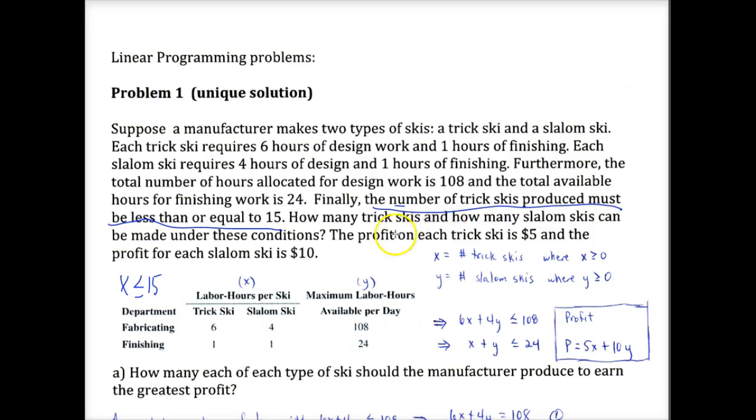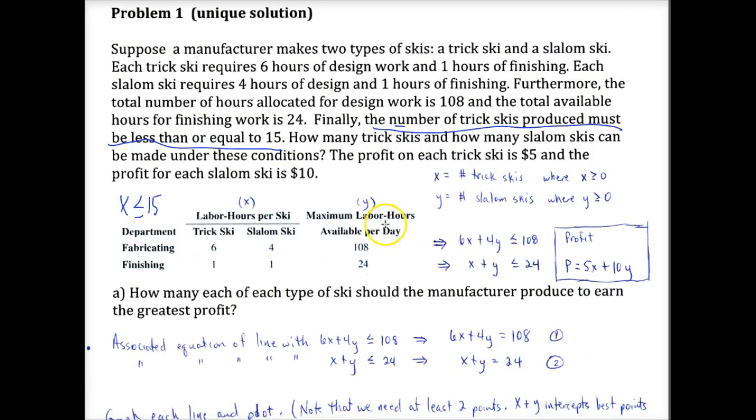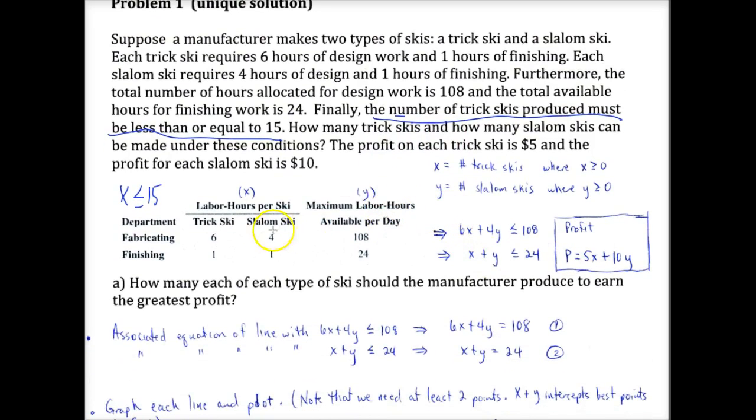All right, so let's move on here. Right now, if we were to model this, the number of labor hours for the trick ski will be x, and the number for slalom would be y. So actually this needs to go over here. We'll do it this way. So this would be x, and that would be y, okay?